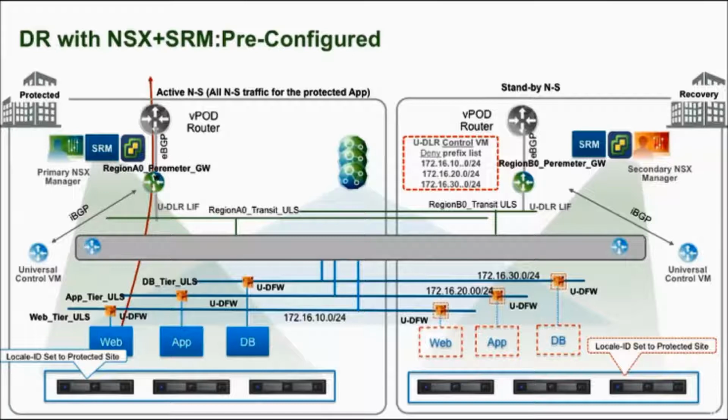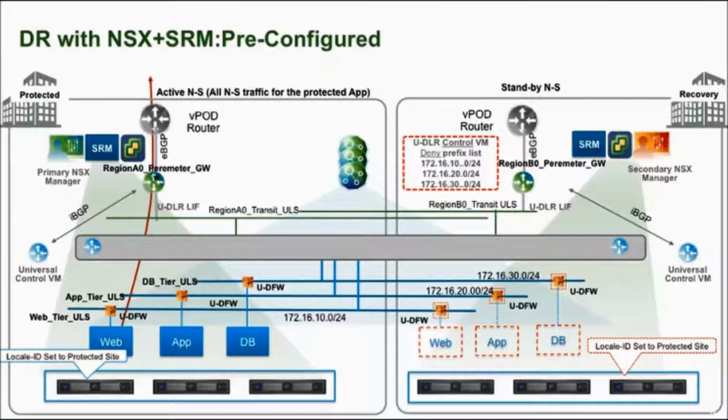The simple 3-tier application is already configured. The logical switches are attached to the Universal Distributed Logical Router, which is in turn attached to the NSX Edge Service Gateway in each region. BGP routing guarantees route exchange between the Edge Service Gateways and the external router.